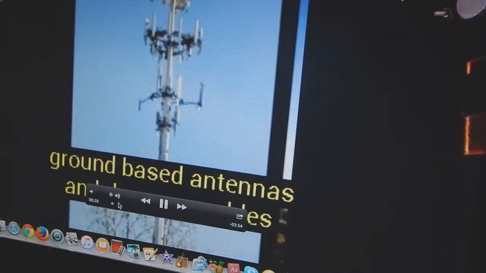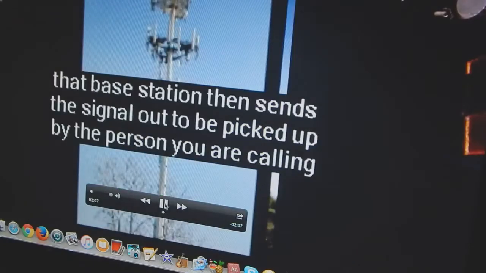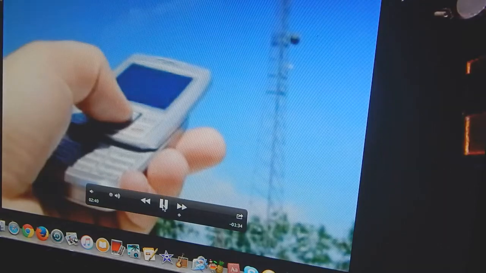So here we go. This is them putting the satellite cable wire under the sea, and then it goes from country to country, connected through the towers, and it goes to the nearest base station. Same thing with the cell phone.